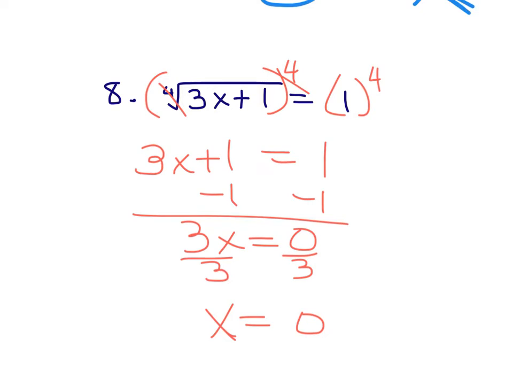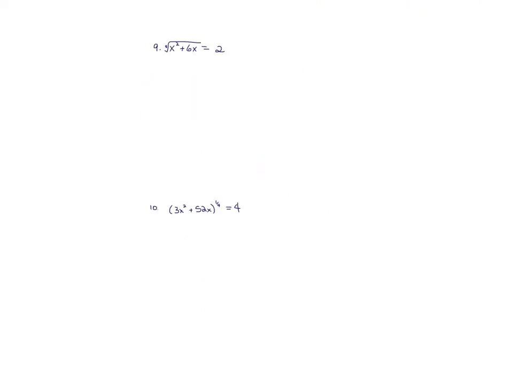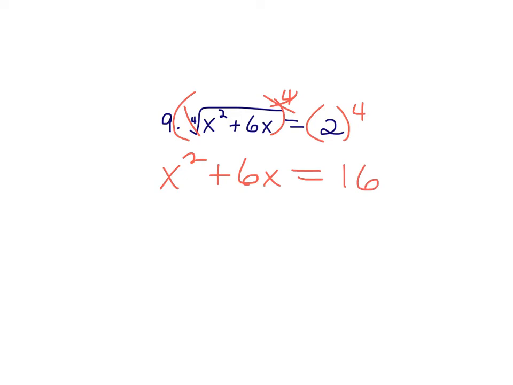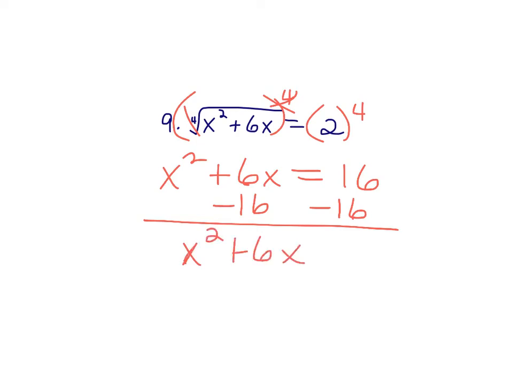Isolated. All we're going to do is raise both sides to the 4th power. Cancels. And I get x squared plus 6x. 2 to the 4th power is 16. I need to get this into standard form and check to see if I can factor it, which I can.